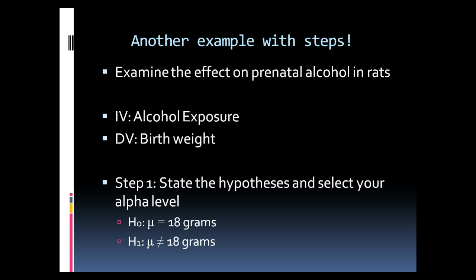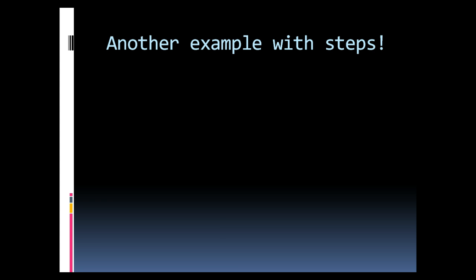Step 1, state the hypotheses and select your alpha level. Our hypotheses are H sub O, mu equals 18 grams, the average birth weight of a baby rat. And H sub 1, or the alternative, would be mu does not equal 18 grams.